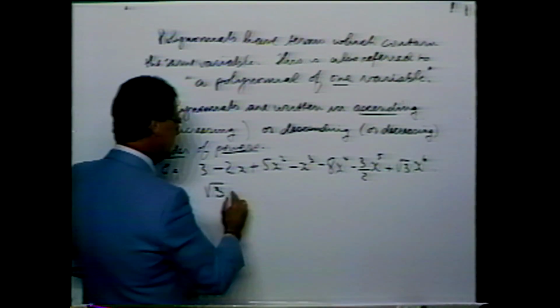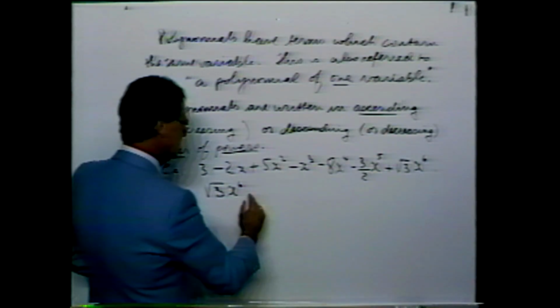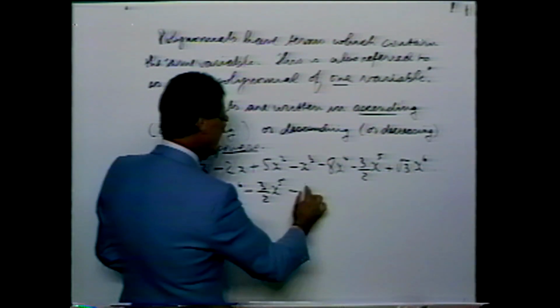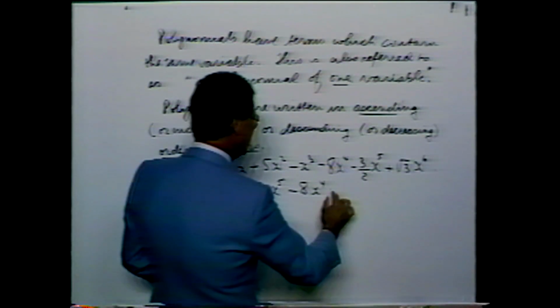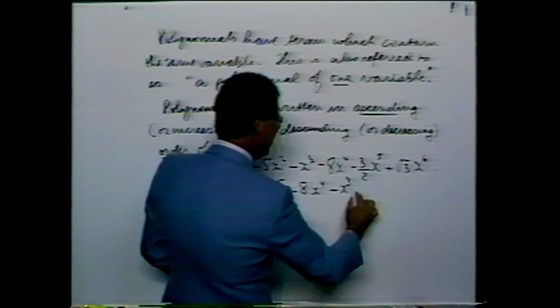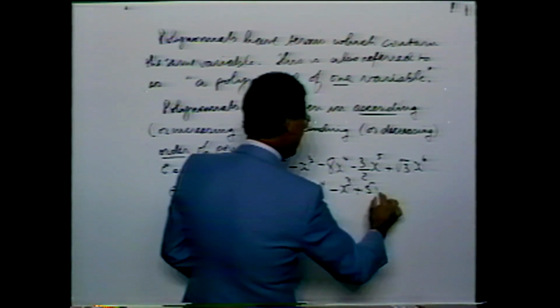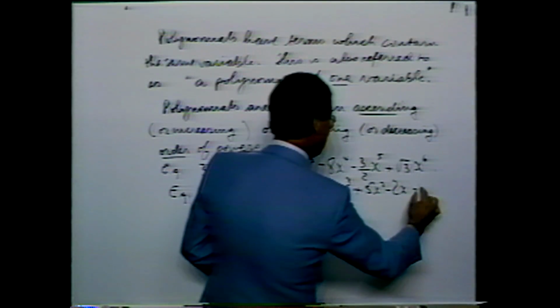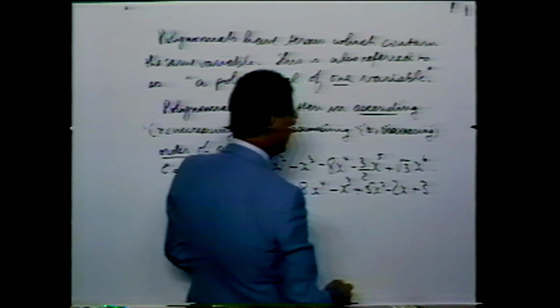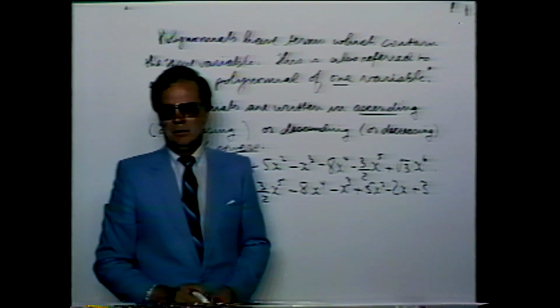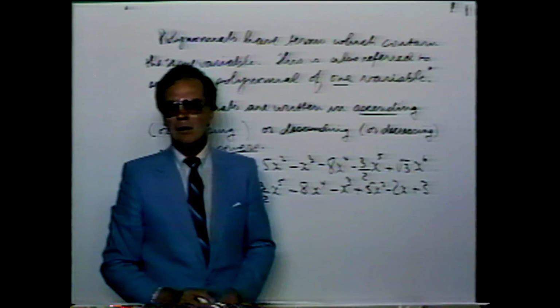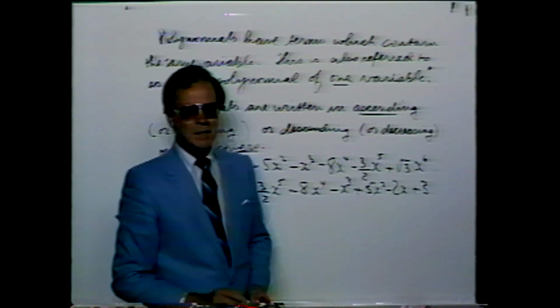The square root of 3 x to the sixth, minus 3 halves x to the fifth, minus 8x to the fourth, minus x cubed, plus 5x squared, minus 2x, and finally plus 3. In a polynomial, the exponents of the variable powers are always natural numbers.